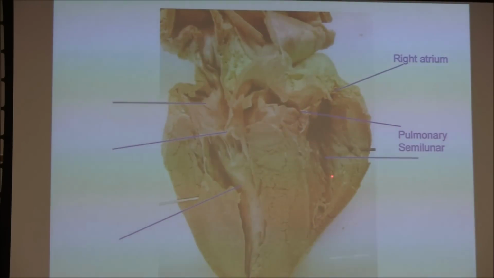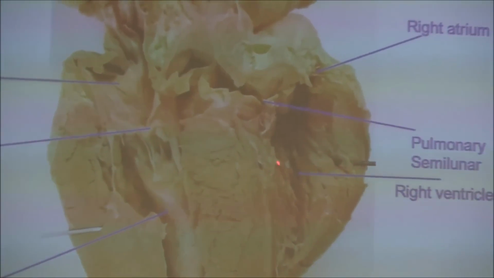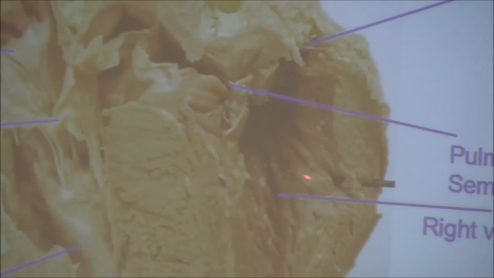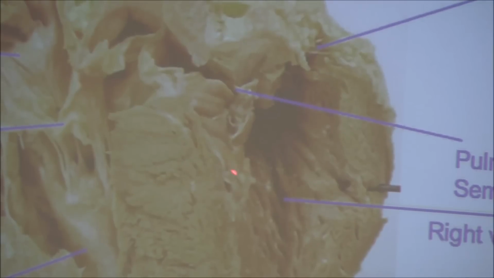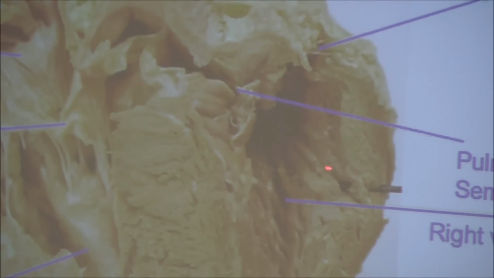What is this right down here? That's your right ventricle. Now, normally your tricuspid, there's a bit of the flap here. Your tricuspid sits right in here, but it's been removed. So normally your tricuspid would sit right up here.